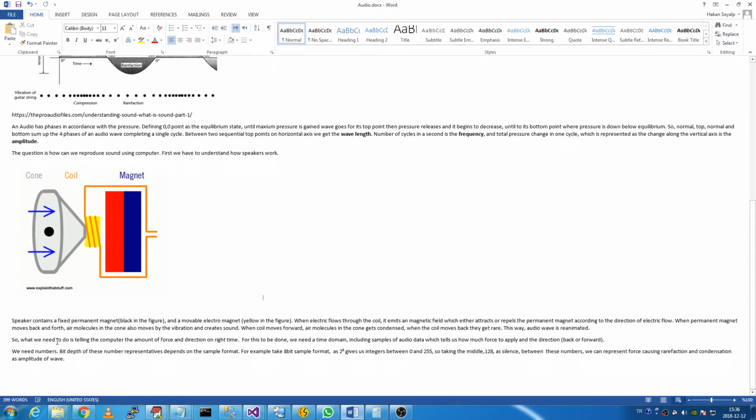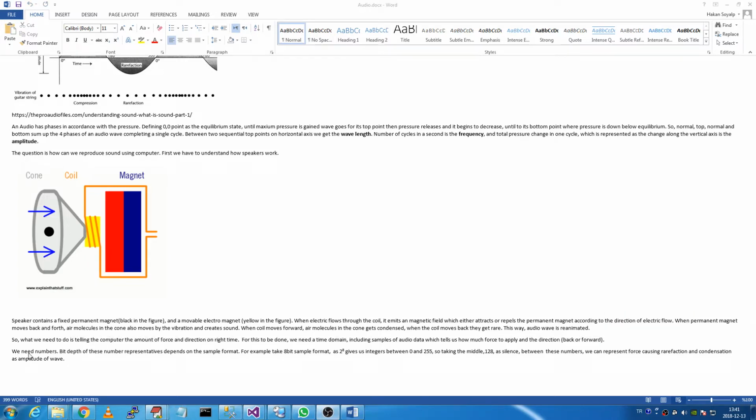So what we need to do is telling the computer the amount of force and direction at the right time. We need a time domain including samples of audio data which tells us how much force to apply and the direction, back and forward.